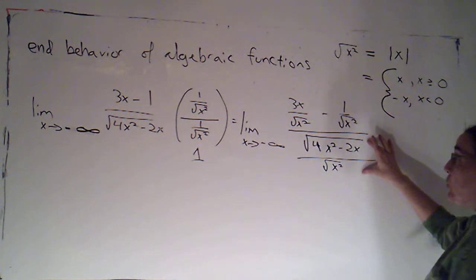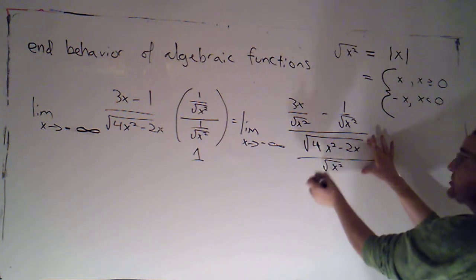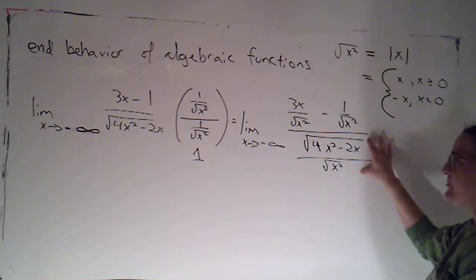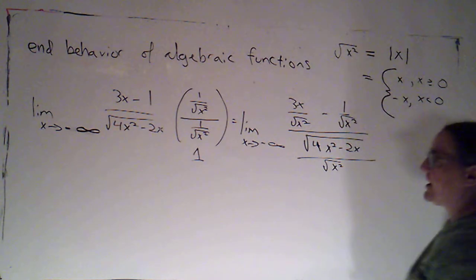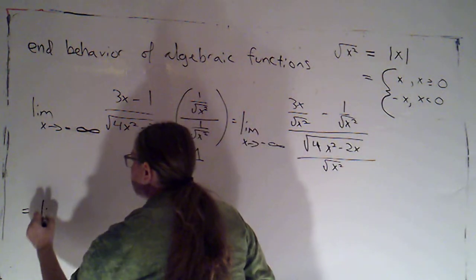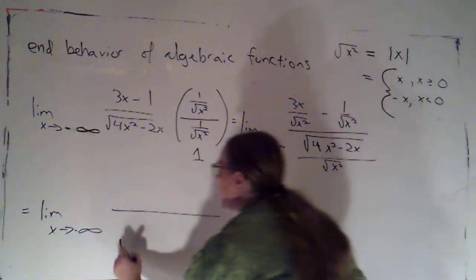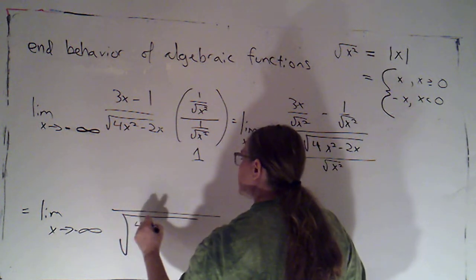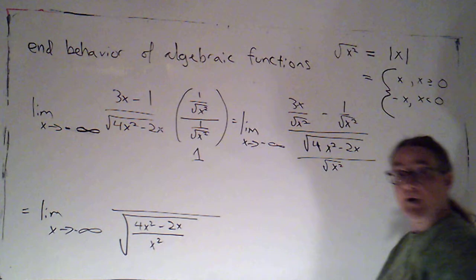Now on bottom, we're going to use the fact that square roots distribute over division problems. So rather than saying it's this root divided by that root, I can just write that as one big square root of the top divided by the bottom. So this is the limit as x goes to negative infinity of, on bottom, one big square root of 4x squared minus 2x over x squared.